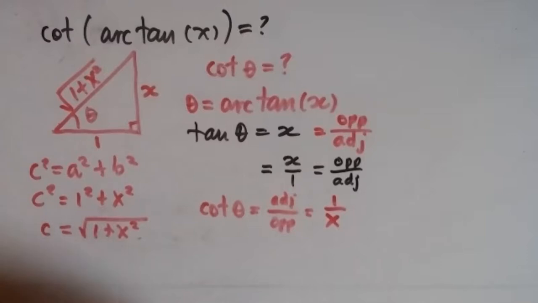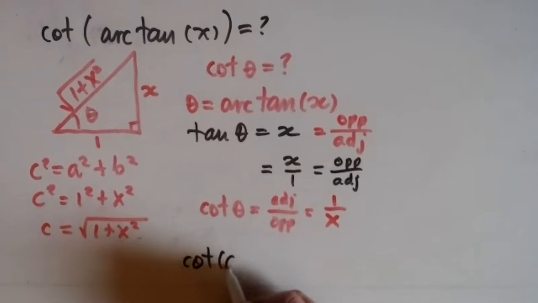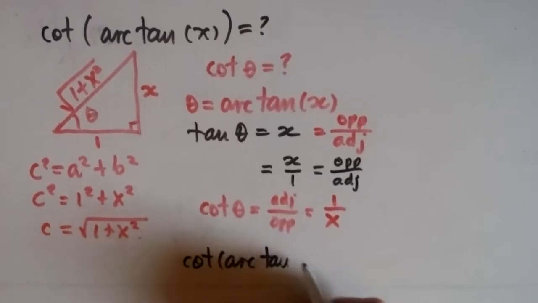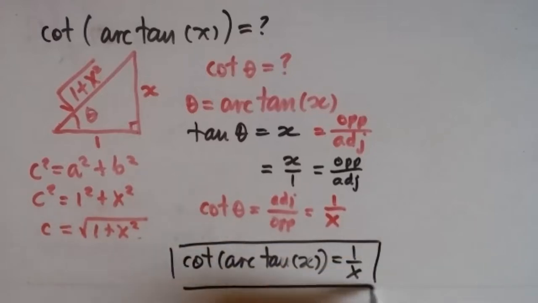But I don't have theta in my problem. I have the arctangent. So I have to write then cotangent of the arctangent of x is 1 over x. And that's my solution. You see, not a big deal. It's very much the same procedure.